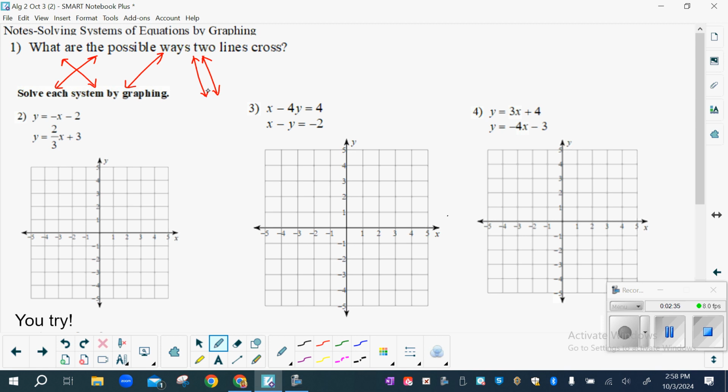So we're going to move on to solving by graphing. How do we graph y equals negative x minus 2? What kind of shape is that? A line. How do we know it's a line?